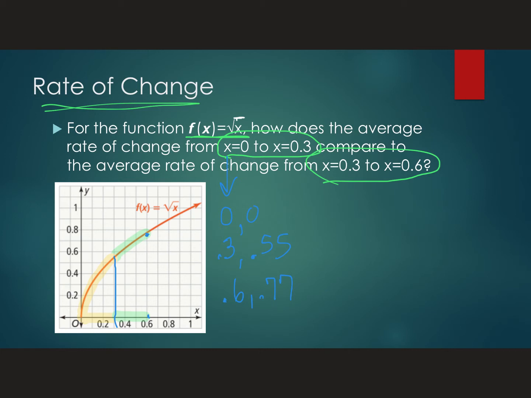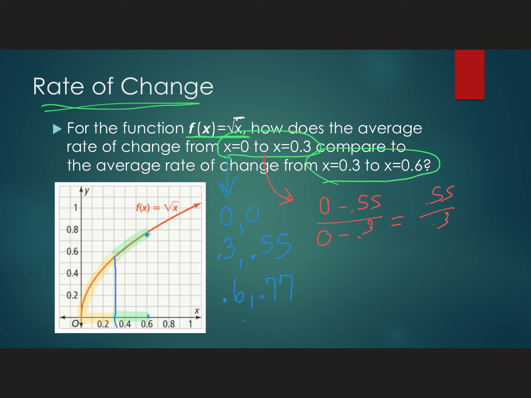Now I can put these into my slope formula like I've shown you several times. So I have 0 minus 0.55 over 0 minus 0.3 to find the rate between 0 and 0.3. And I end up with positive 0.55 over 0.3, so that's a little less than 2.